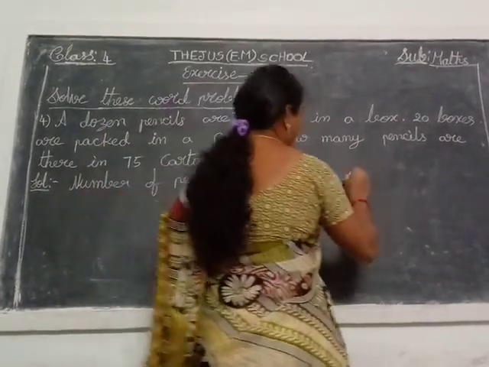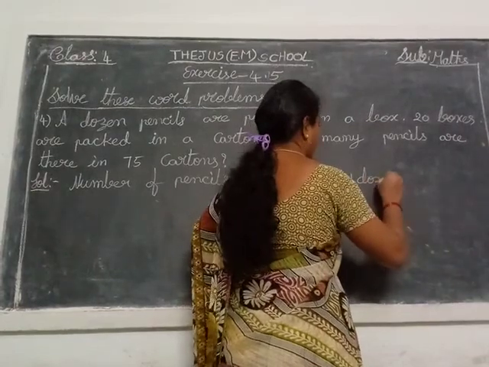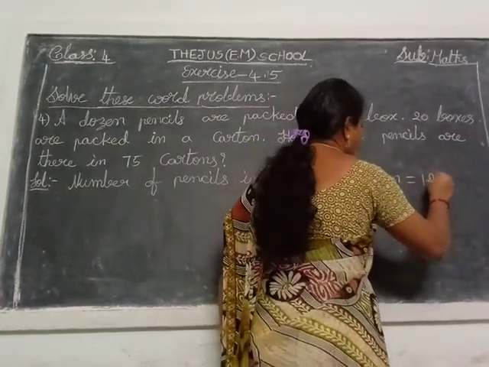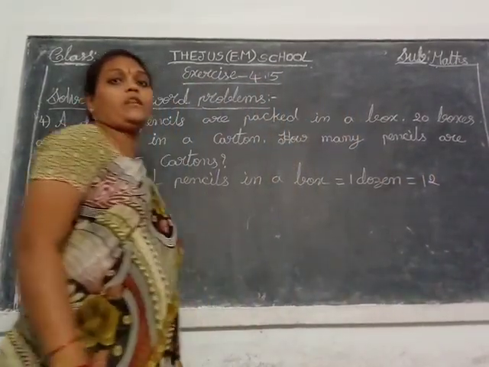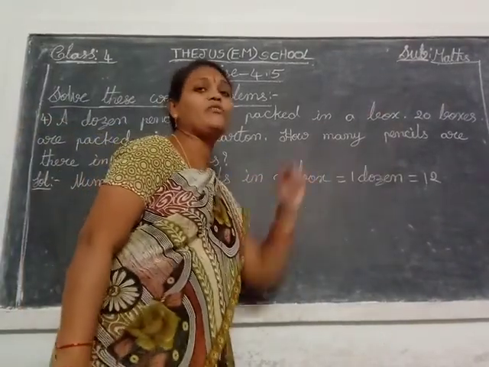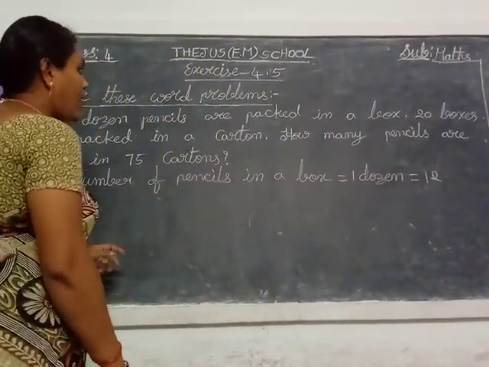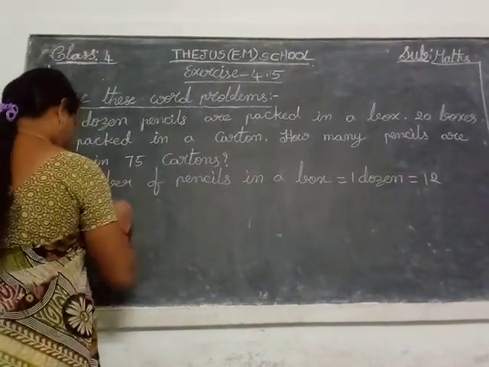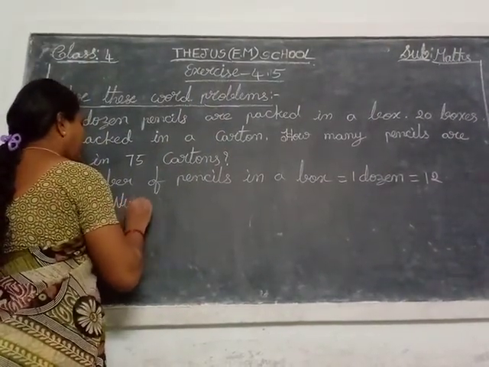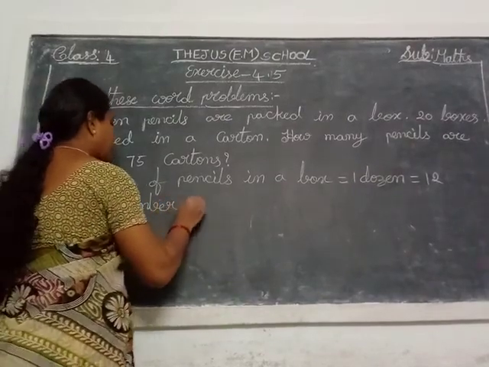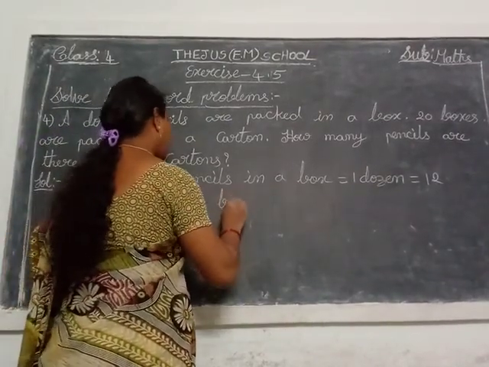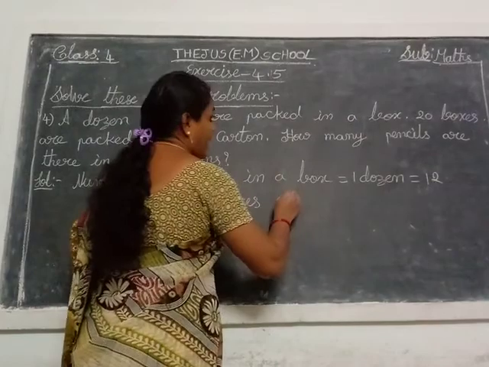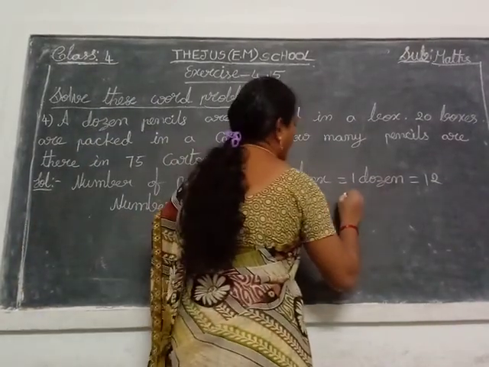You write here 1 dozen. 1 dozen means 12. Okay, children? Now, how many boxes are given? 20. So, you write here number of boxes. Number of boxes, how many? 20.